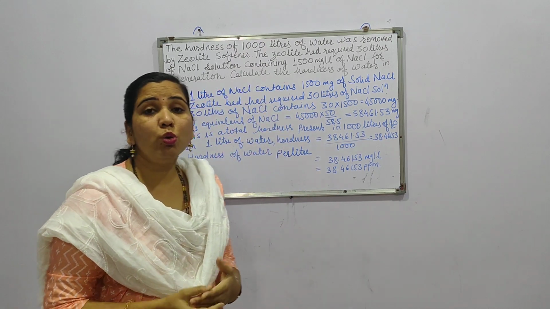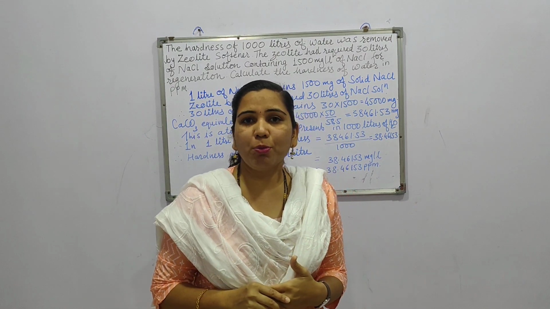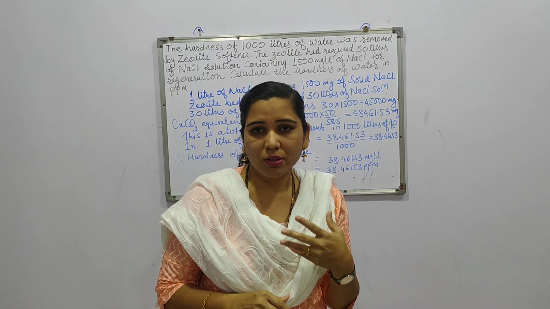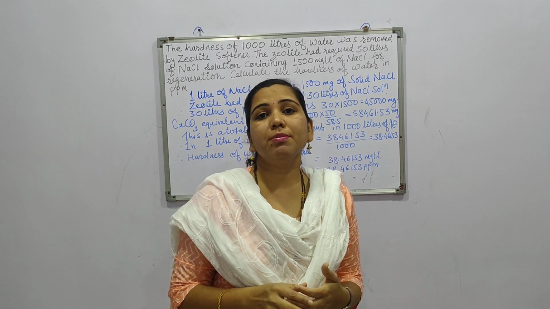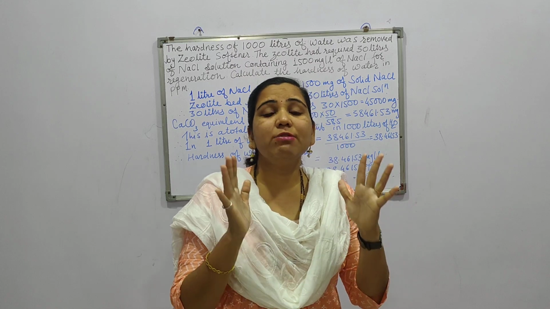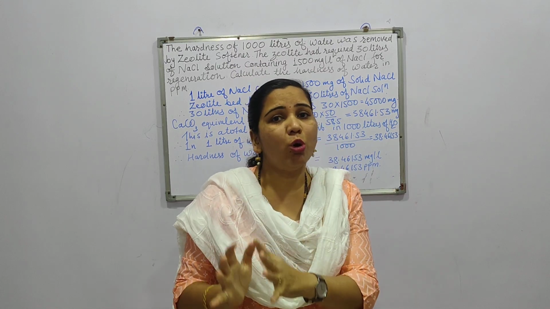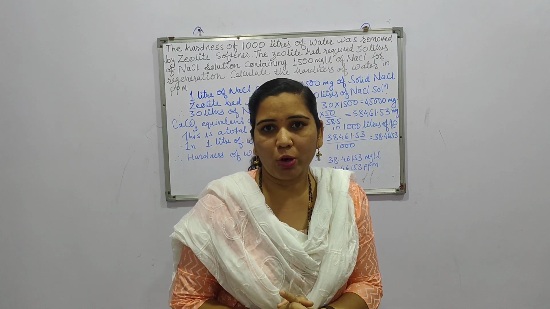Now you must have an idea about the zeolite process, and if you don't, you can see my earlier videos on the zeolite process. Zeolite is a softener used to soften water, to remove hardness from the water.